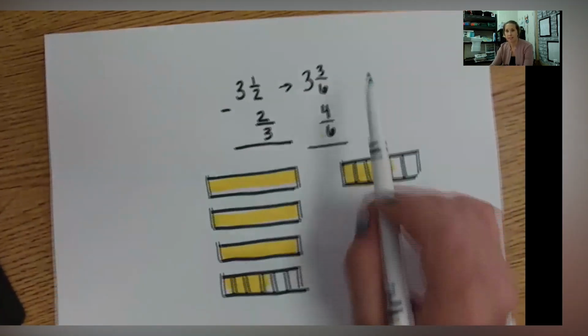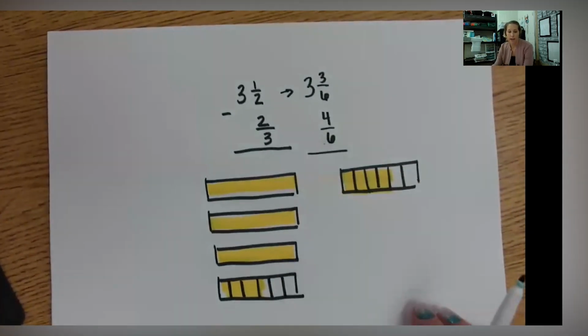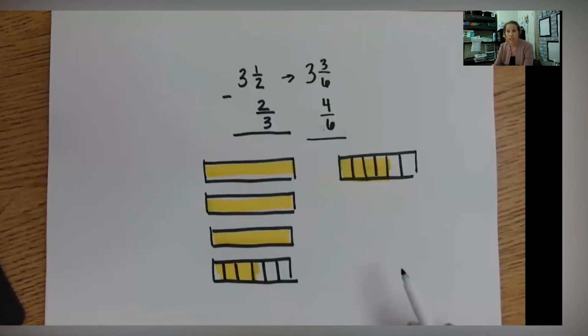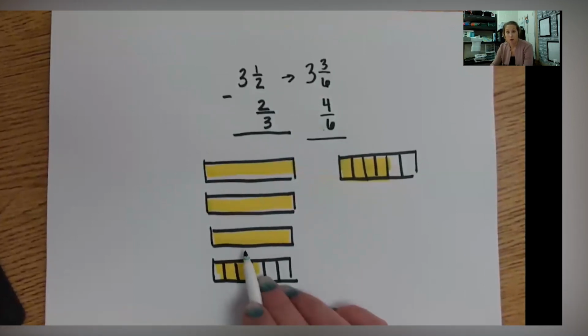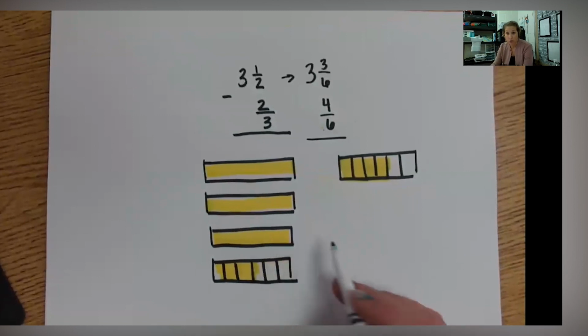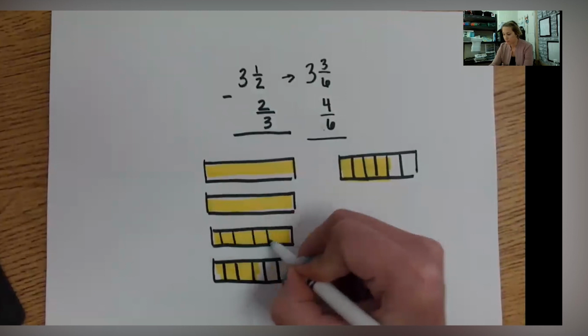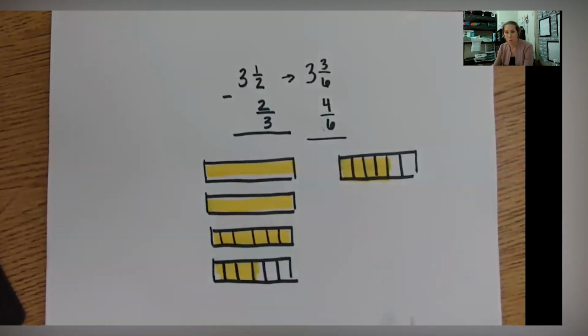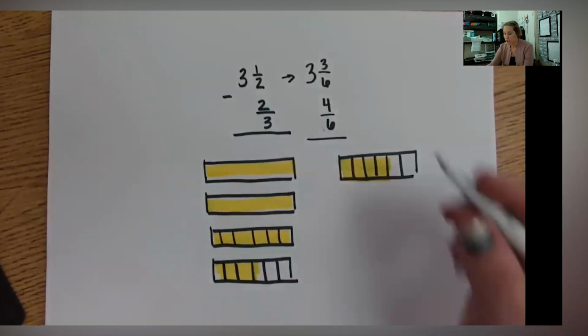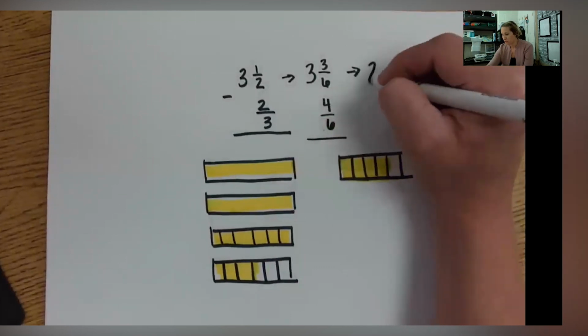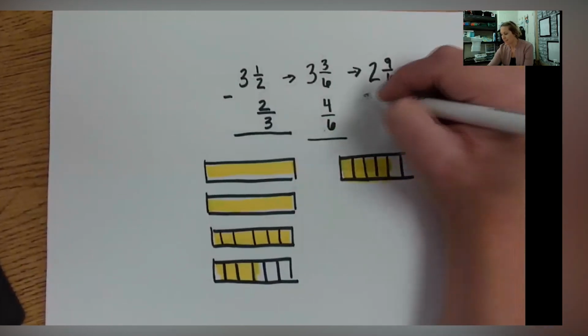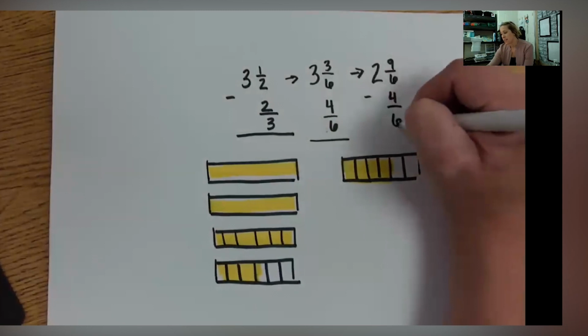Do I have enough sixths up here to take away? I don't. So what are we going to do? We're going to regroup. We're going to decompose a whole into 6 pieces. So let's do that. So now what is represented? 2 and 9/6 minus 4/6.